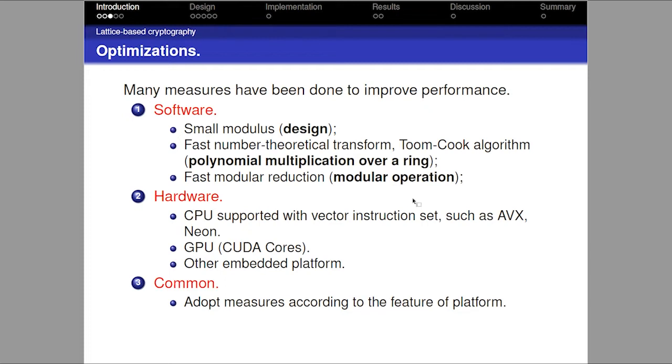From the perspective of hardware, a processor with strong computing power is always a good choice, such as a CPU with AVX, Neon, or other technology. Then, the common method is taking measures according to the features and supported technologies of the platform.